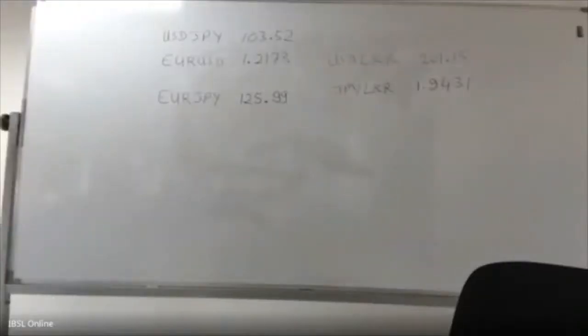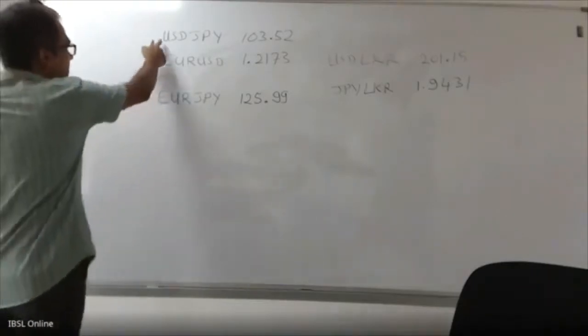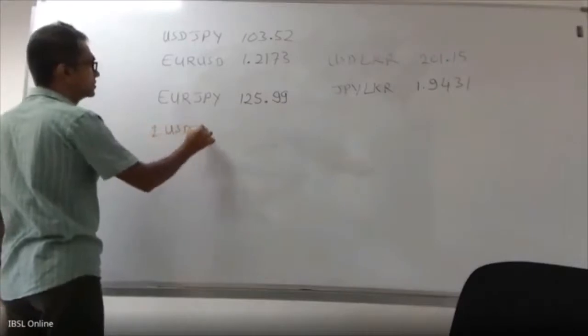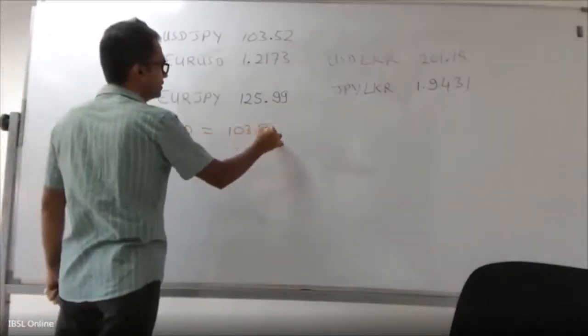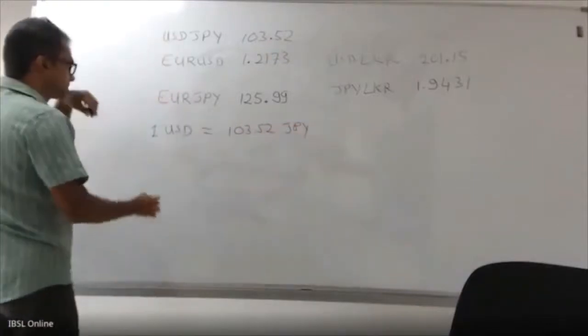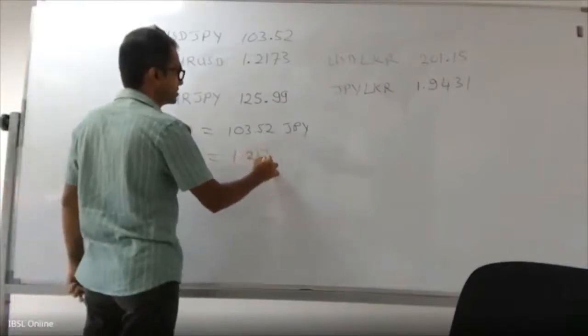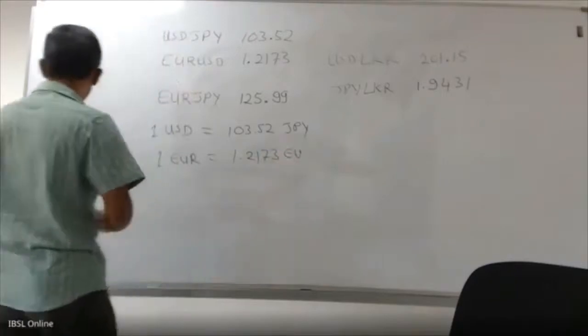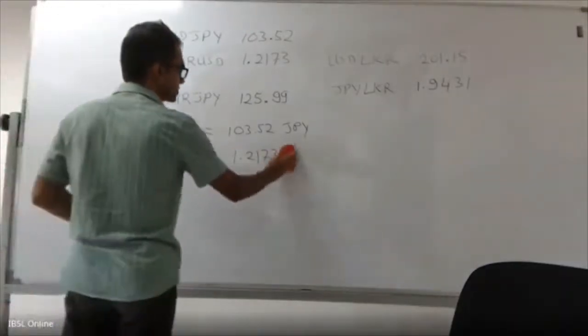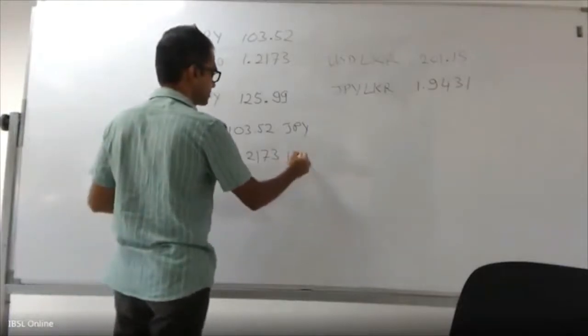Okay. How did you get that? That's the important thing. There may be calculation errors, but I need the method, whether you got it correct. What does this mean? $1 equals 103.52 JPY. The second one, €1 equals 1.2173 USD.